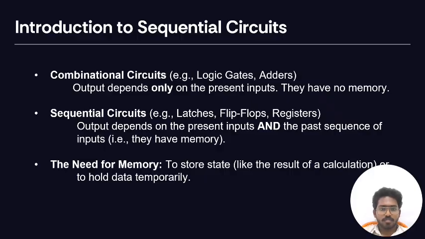These circuits' output depends on the present input and the history of previous inputs stored in elements like flip-flops. A shift register is simply a cleverly organized arrangement of these memory elements, designed specifically to hold and manipulate groups of bits.